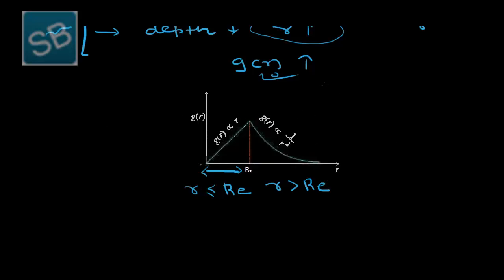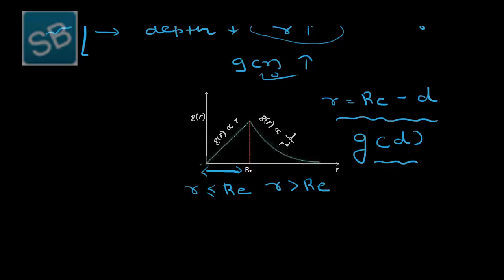Now by substituting the value r is equal to re minus d, we can get the equation of gravitational acceleration at the depth. And so the equation will look like g of d is equal to gE over re.